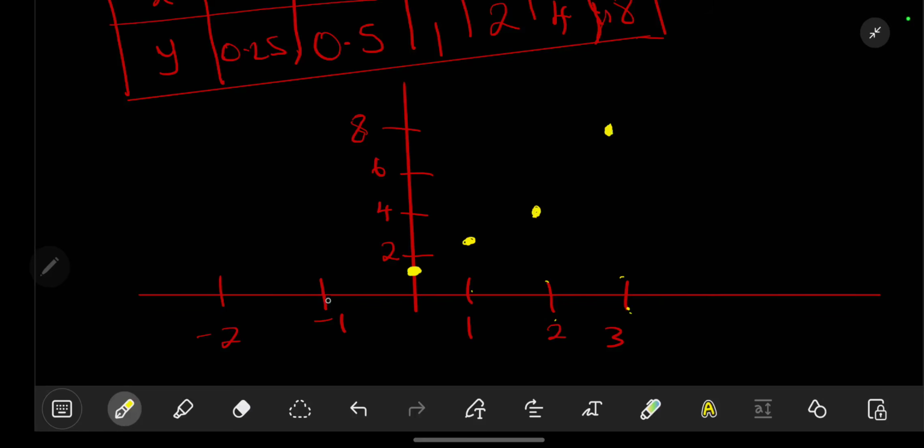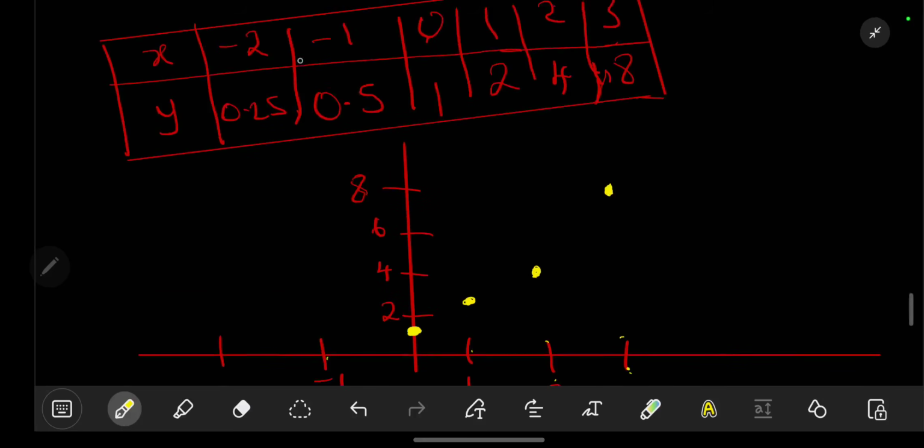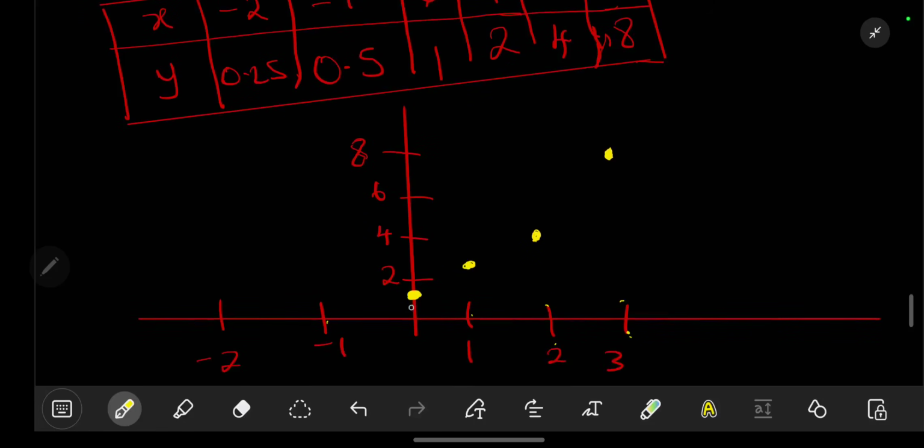Then as we go on, -1 is 0.5, which is half of that value. Even 0.25 is half, so it's decreasing, but it does not go below where y is equal to 0. Along this line, y equal to 0, it does not cross this.